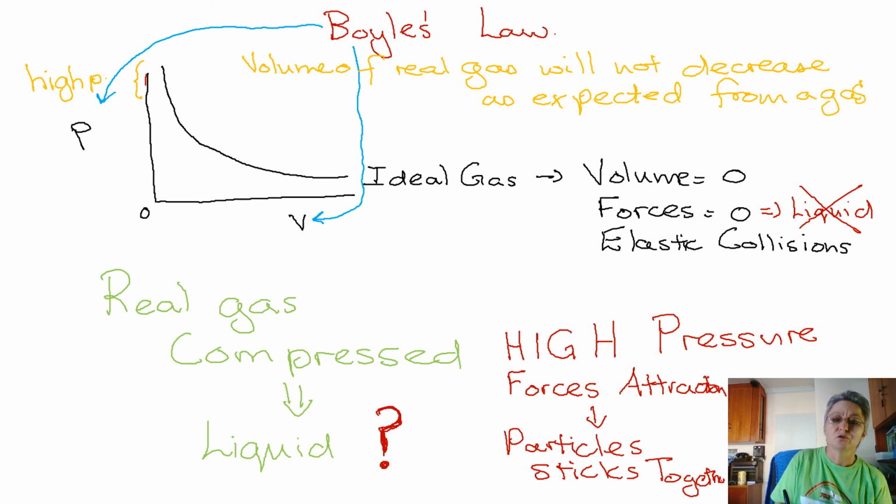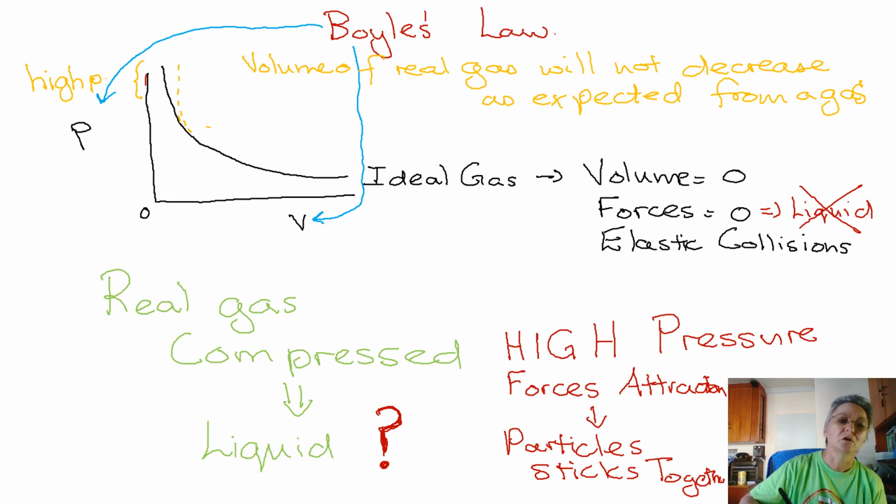Now, Boyle's law is for an ideal gas. So the graph here will not go closer to the pressure axis. My line isn't very perfect, so let me redraw that line. So at high pressures, there is a deviation.